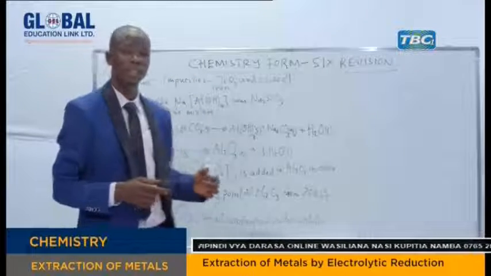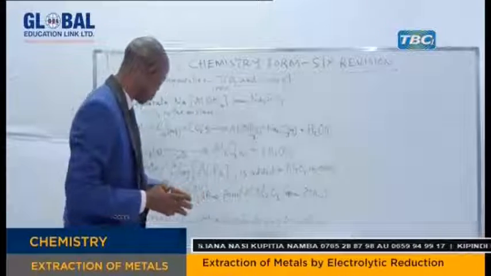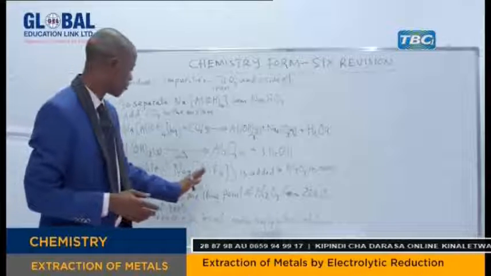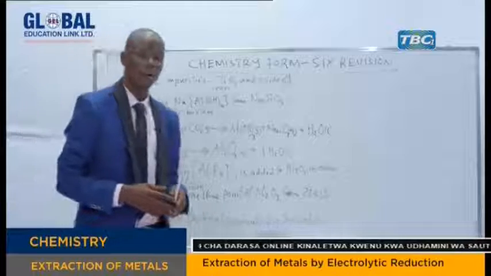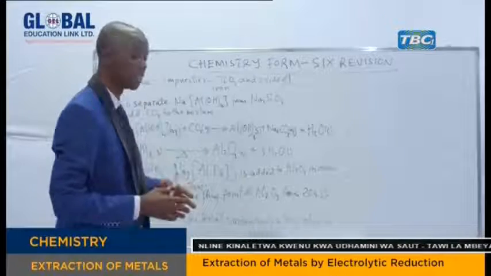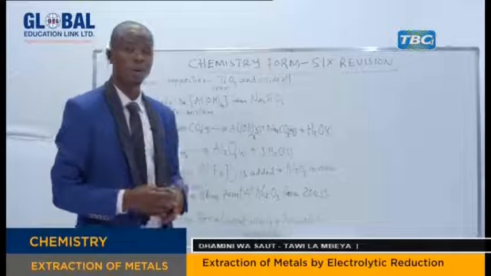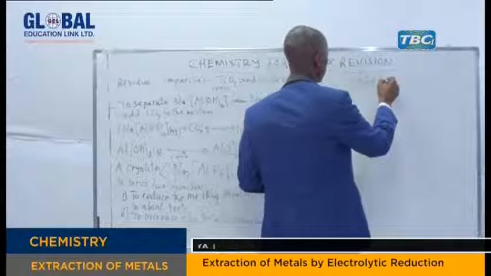That's why its compound has the covalent tendency. So after the addition of this compound, which is sodium hexafluoroaluminate(III), by serving those two roles, now aluminium oxide can be used for electrolysis. Now here we go to the electrolysis process.